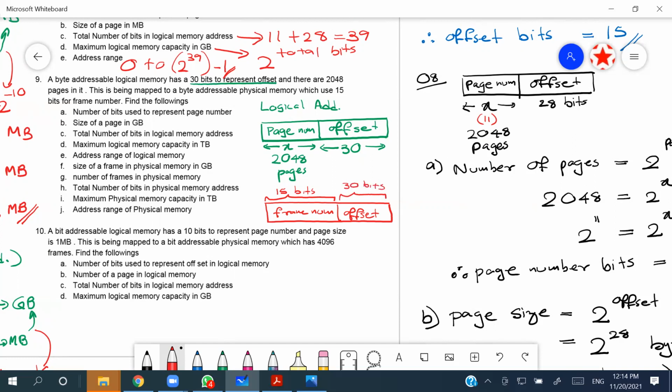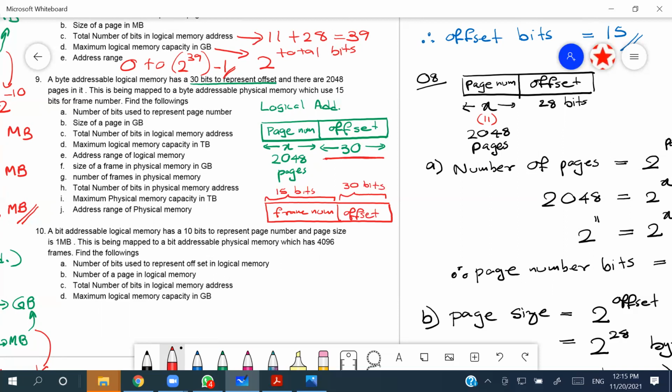How can we say it contains 30 bits? Because when you are mapping the address, the offset never changes. So if you know the number of bits in one particular address, there are going to be the same number of bits in the other address as well. If you know the logical offset, it's going to be the physical offset, the same number of bits. If you know the physical offset, then the same number of bits are there for the logical offset. That is the fact that you have to capture.